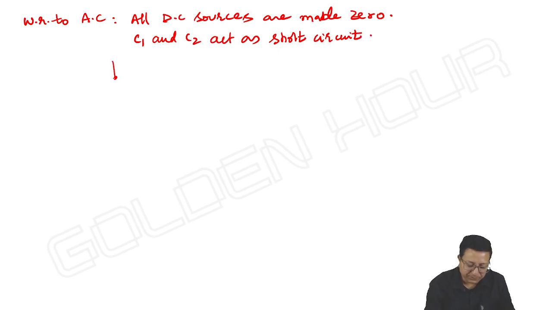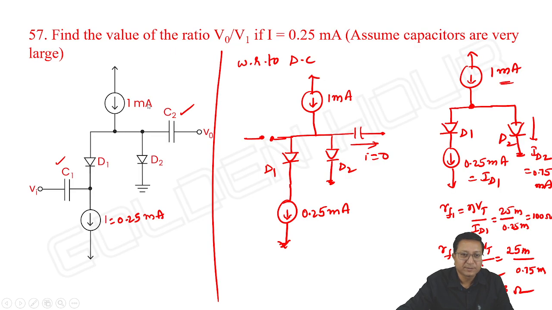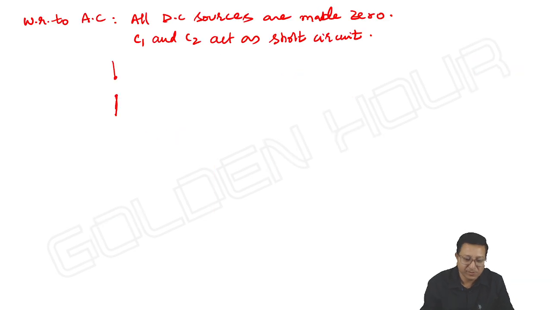So remove the current source first. Okay. Next, V input, C1 short circuit. Next, diode D2.